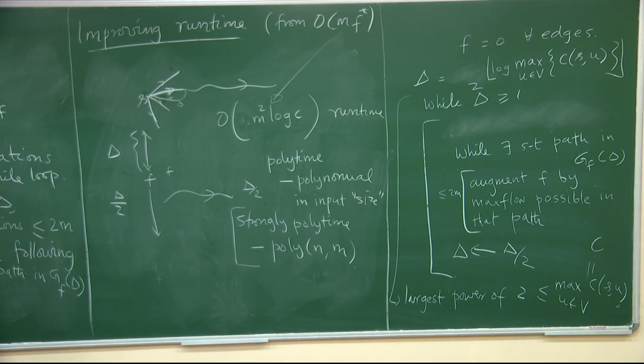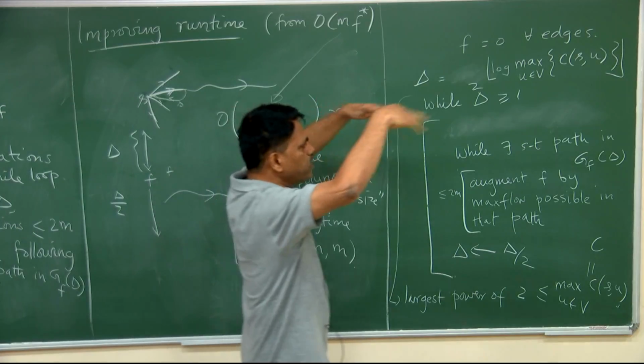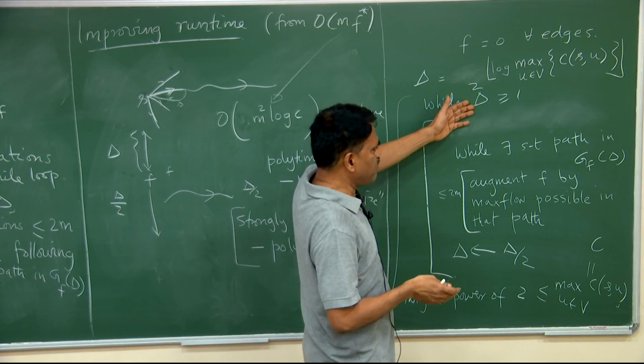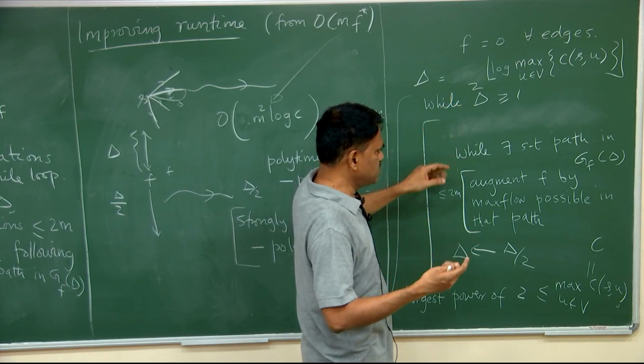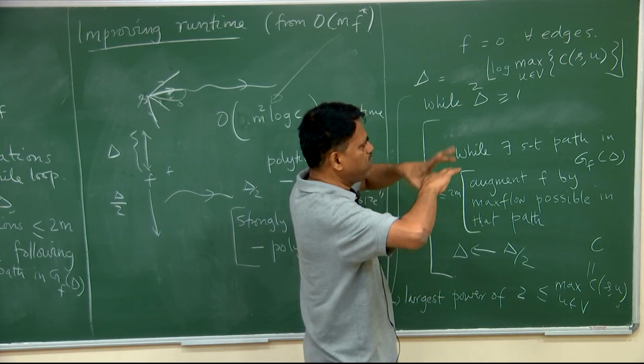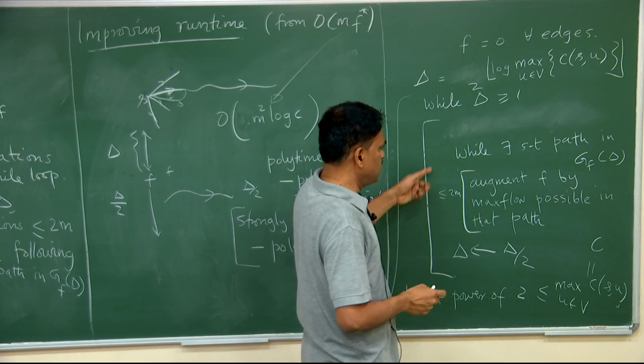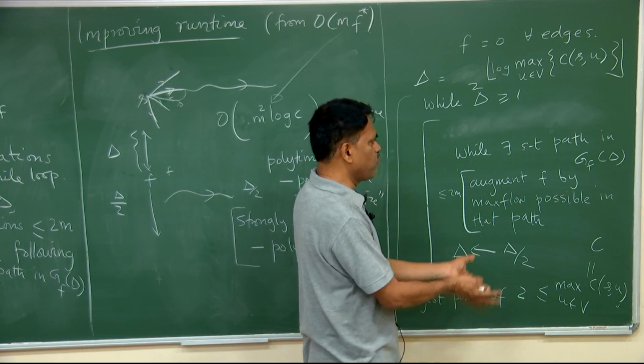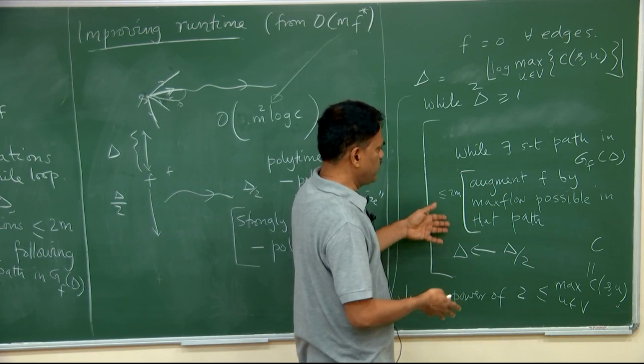But I still have to give you a proof of this claim. Just to summarize, here is the algorithm. We're going to augment by large numbers every time. We use this parameter to decide what large means. We construct a residual network where the residual capacities are large. If you don't find a path, then you weaken your parameter, so more edges will come in, and you do these augmentations.